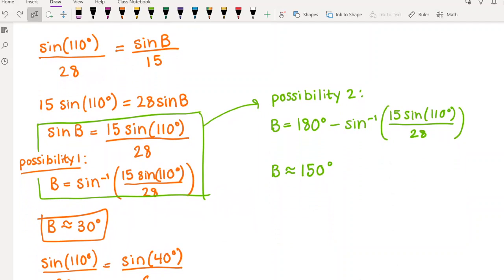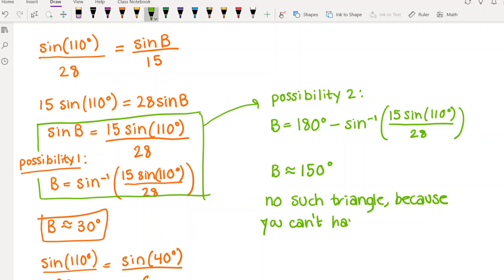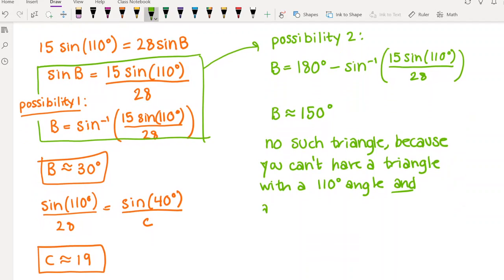So there is no such triangle, because you can't have a triangle with a 110 degree angle and a 150 degree angle.